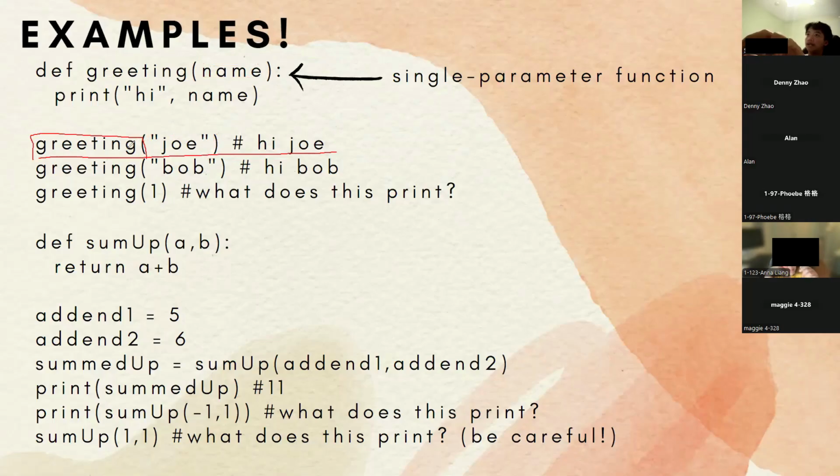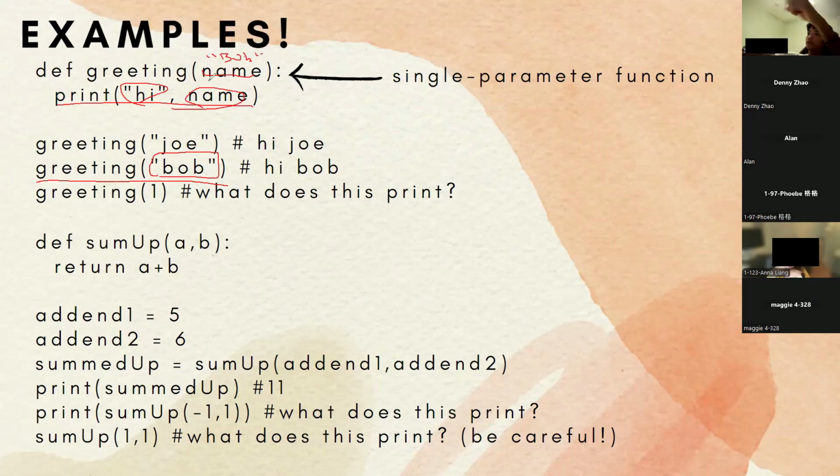Does that make sense? In the second example, I gave it the name Bob. Now it's not Joe anymore. It's Bob, because name now has the value Bob. So when I'm in here, it will access the value inside name, remember, name is our parameter, and it will print hi Bob.